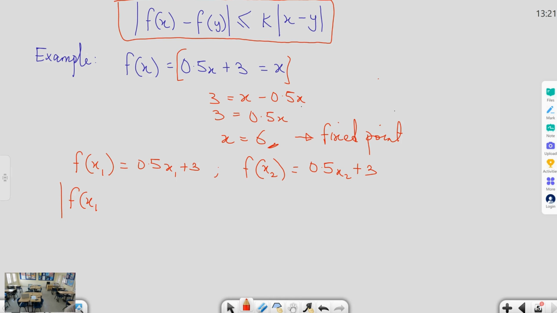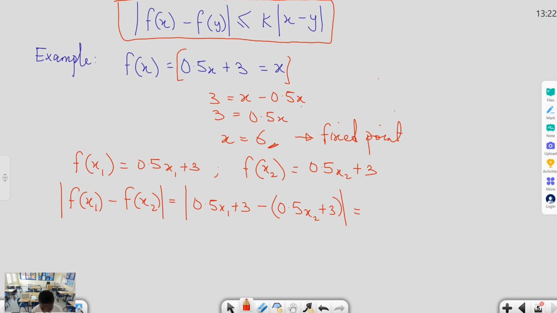You have f of x1 minus f of x2 equal to, now what do we have for f of x1? We have 0.5 x1 plus 3, minus, now put a bracket, 0.5 x2 plus 3.